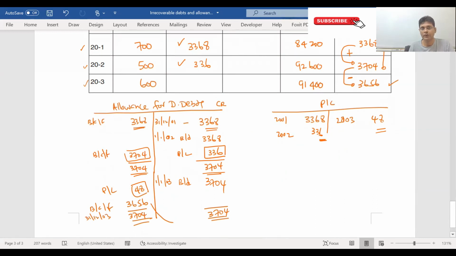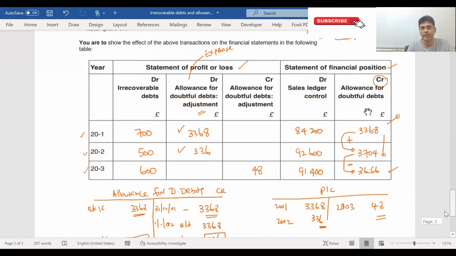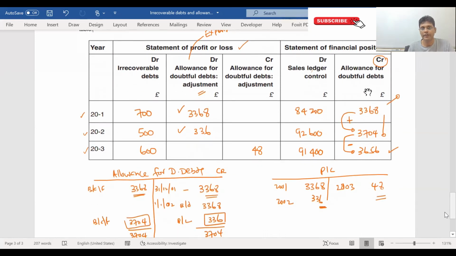So you need to credit the profit and loss account by 48. So here the allowance for doubtful debts adjustment should be a credit balance of 48. It has to be credited to the profit and loss account. Okay. So this is the answer for this particular question.